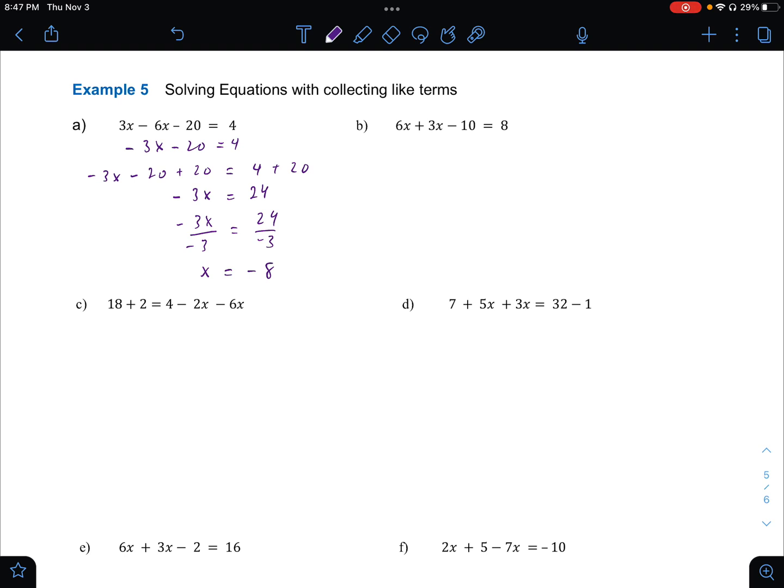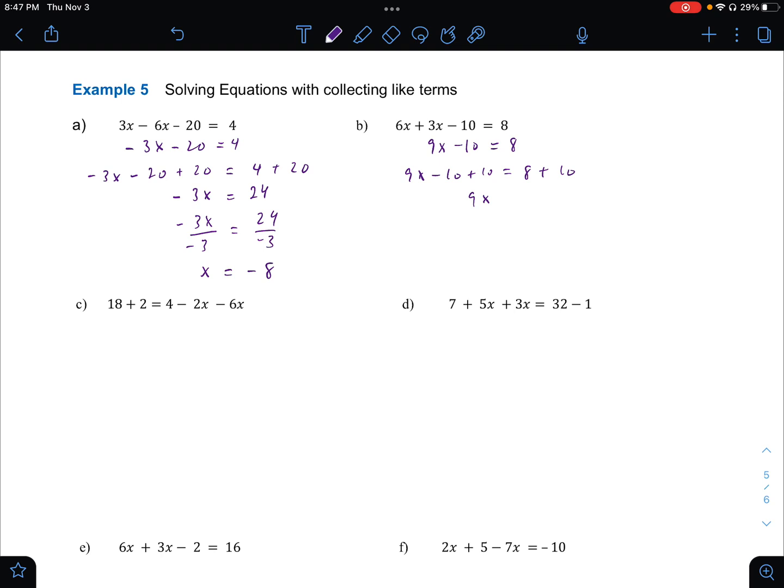Okay, let's now take a look at part B. So here we are once again collecting like terms first. So 6x plus 3x is 9x minus 10 equals 8. And now to get rid of the negative 10, because we're trying to isolate for x, we are going to add 10 to both sides.